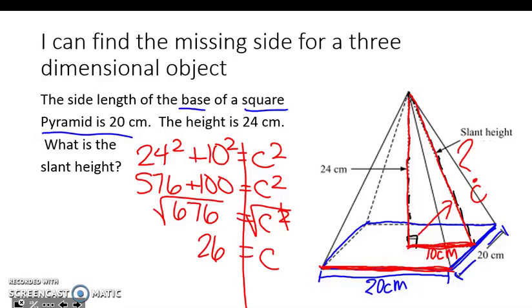But in this case, we didn't have to round. So you should have come up with 26 centimeters. And guys, we know that that makes sense because our slant height would have to be our longest side length. So 26 is bigger than 24 and it's bigger than 10, okay?